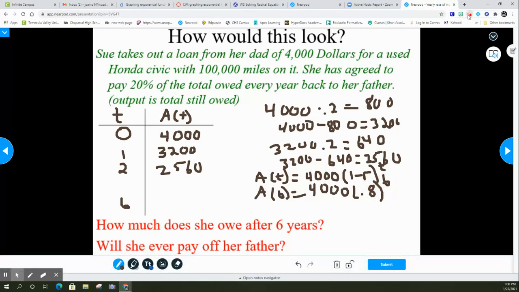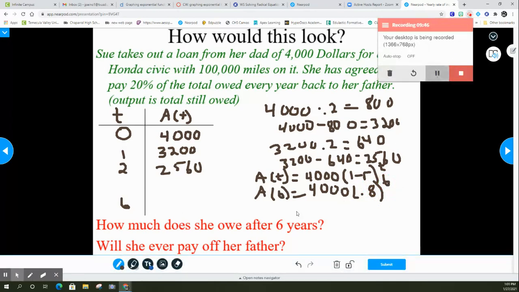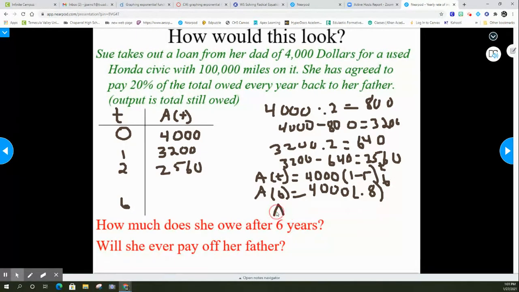I'll pause it, do that on my calculator, and come back in a second. All right, so on my calculator, I get A of 6 is going to equal $1,048.57.